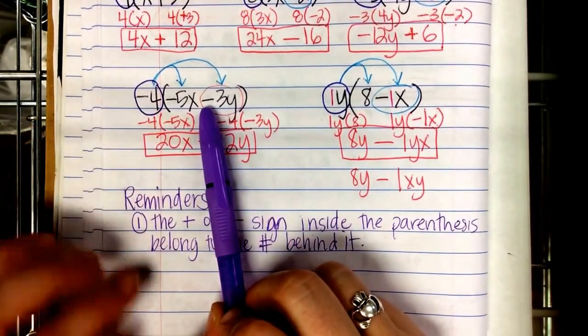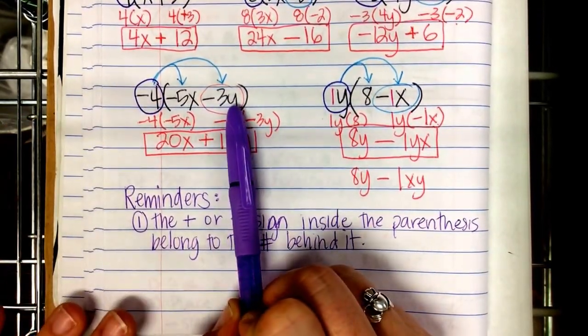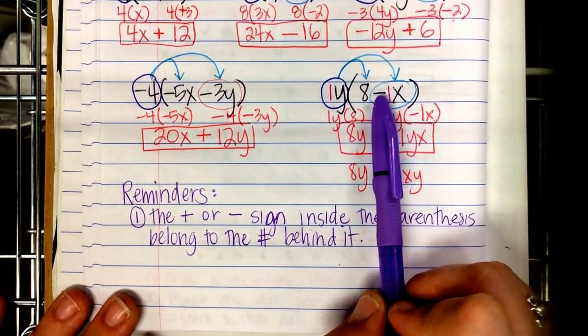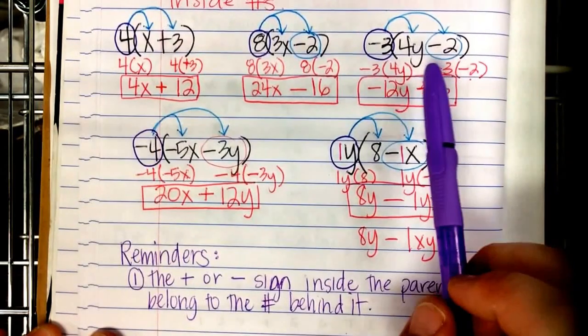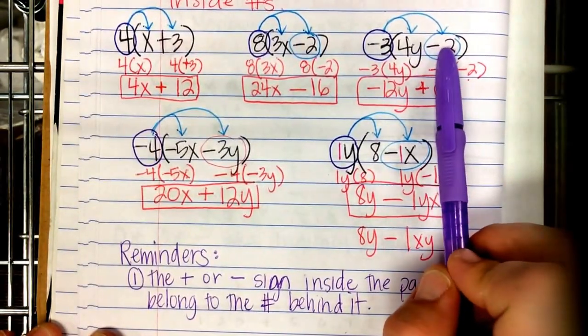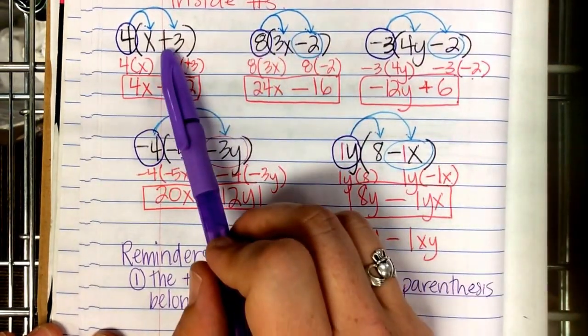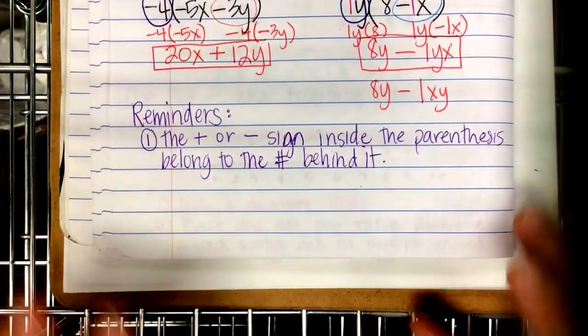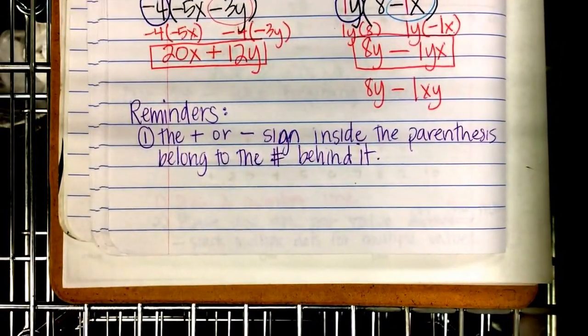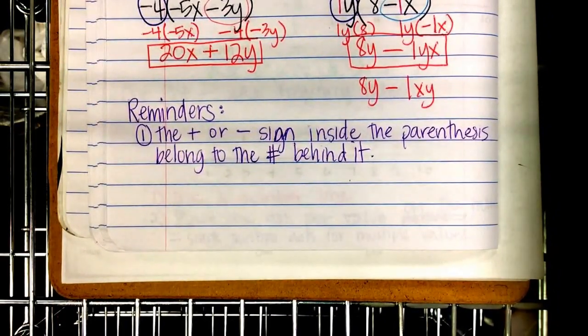So that minus sign belongs to the 3y. That minus sign belongs to the 1x. The minus sign belongs to the 2. The plus sign belongs to the 3. The plus or minus sign in the parentheses belongs to the number behind it.